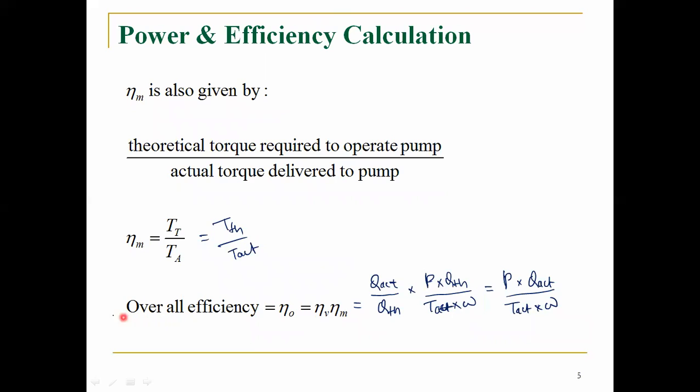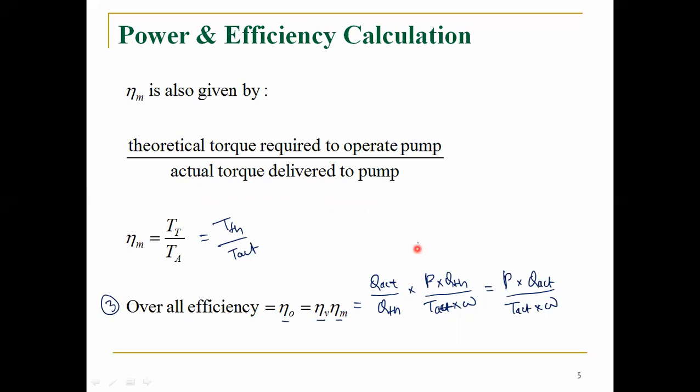Okay, so next comes the overall efficiency. Overall efficiency is equal to volumetric efficiency multiplied by mechanical efficiency. Just multiply volumetric with mechanical efficiency. So what will you get? Volumetric efficiency we know is Q actual divided by Q theoretical, the actual discharge to the theoretical discharge. Mechanical, just now we have studied, is pressure P into theoretical discharge divided by actual torque multiplied by omega.